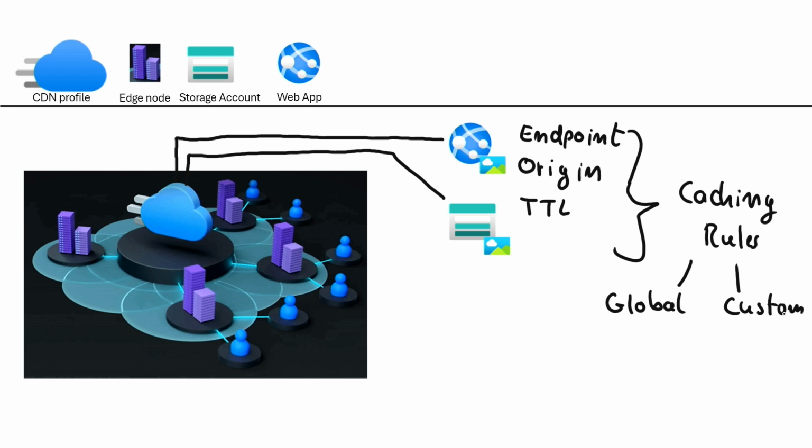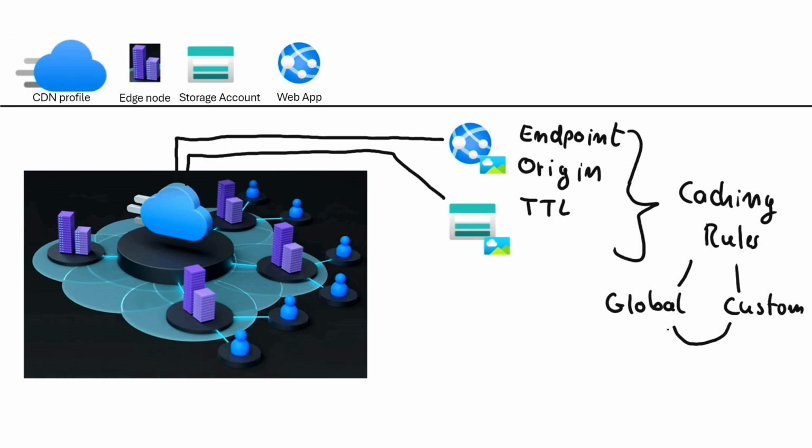You can set one global caching rule for each of your endpoints in the profile, and that affects all requests to the endpoint. The global caching rule overrides any HTTP cache directive headers if they're set. What that means is if someone is accessing a file, they can already in their HTTP request set certain headers and say, yeah, let's cache this.